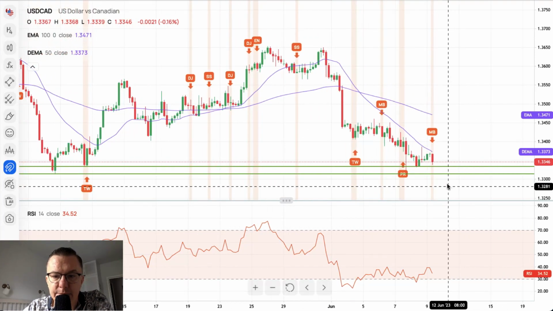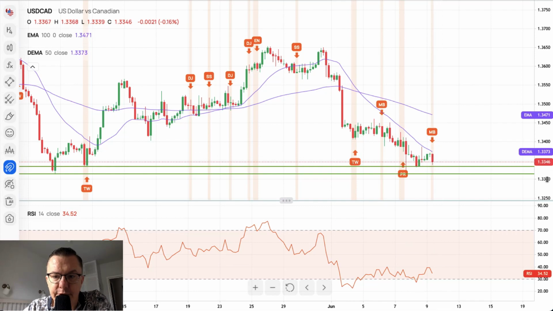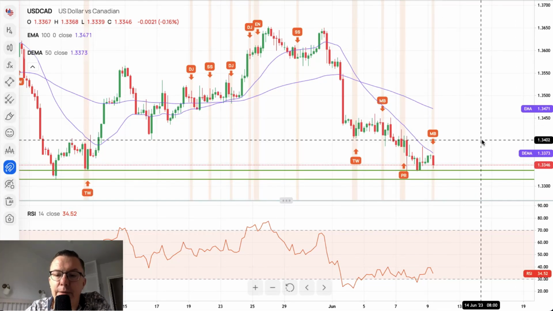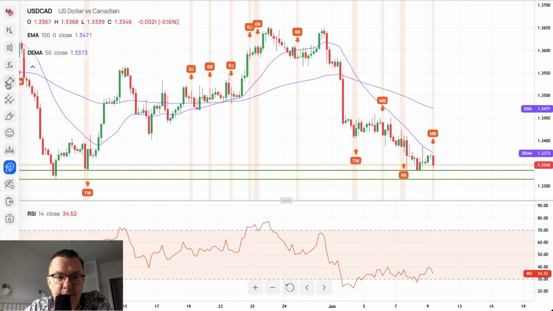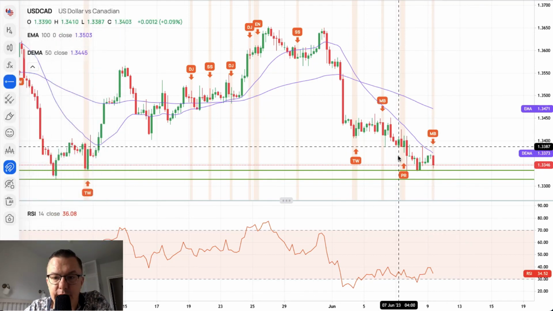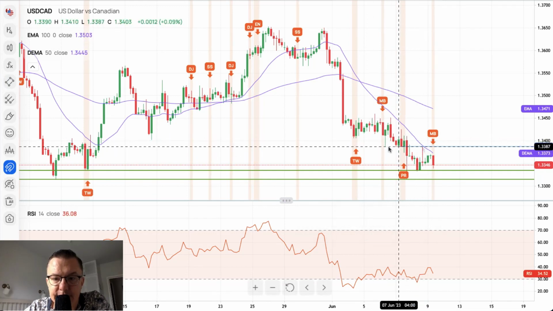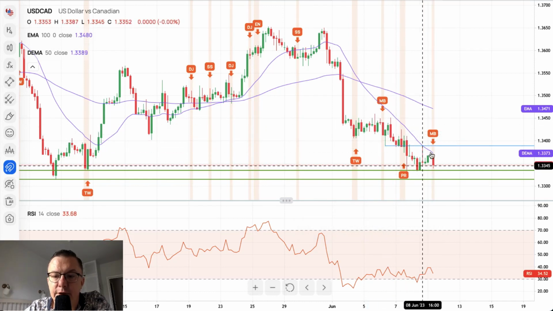So the market had been trying to bounce from these levels. Apparently it didn't go well. As I said, the market recently was rejected from the level of 1.3387. This is the technical resistance level, and of course this level is very close to the 50 periods moving average.